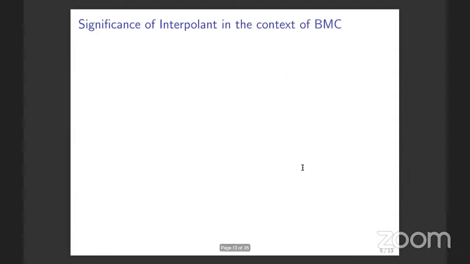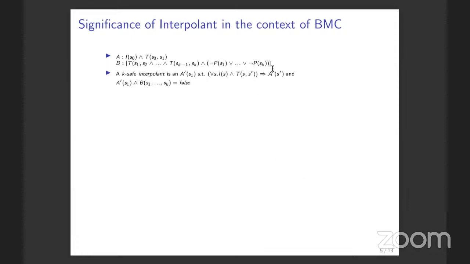In the context of bounded model checking, here is how we could use this to find safe over-approximations to get to weaker inductive invariants than the reachable states. Suppose that instead of B being just the bad state, as we chose in the last slide, we split the BMC formula this way. A is the one-step part, and B is the remainder of the K-step part.